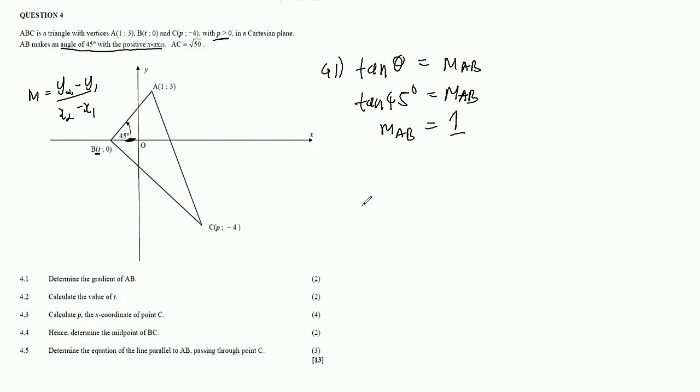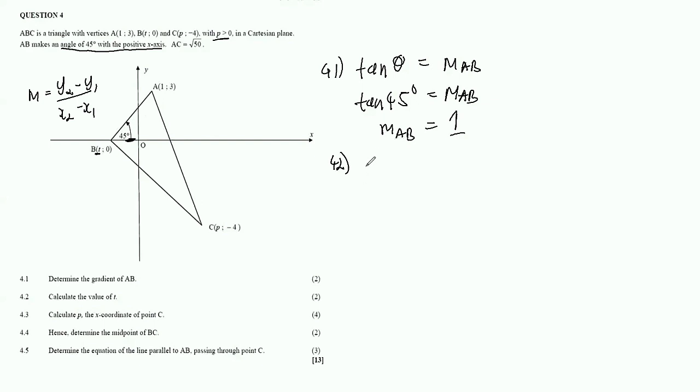Then 4.2 says calculate the value of t. Now, one way in which a lot of people would approach this would be to find the equation of line AB, since now you have the gradient. So let's take the method which a lot of people will choose to approach this question with.